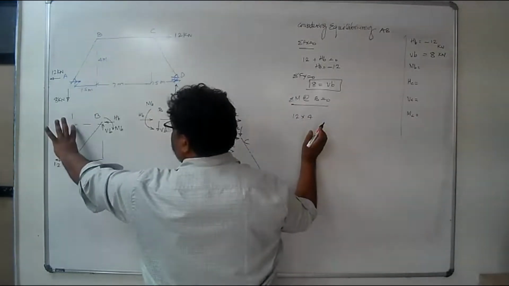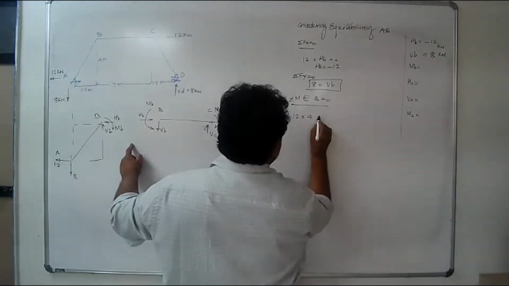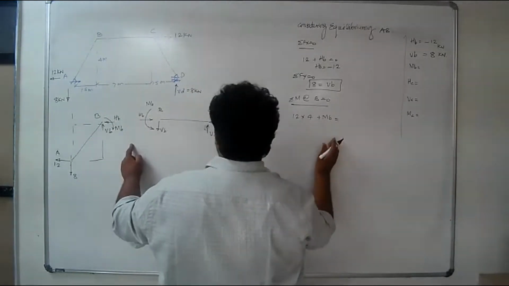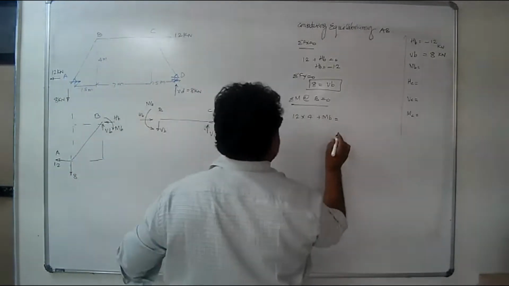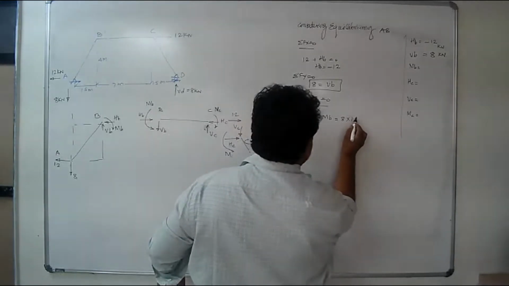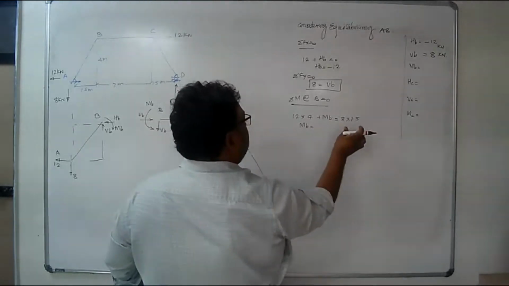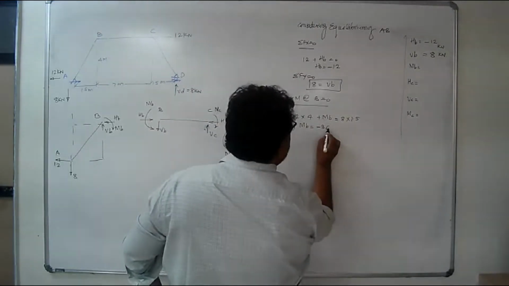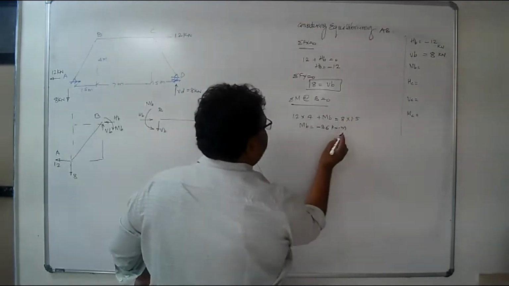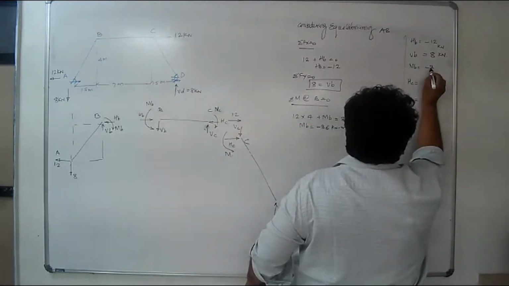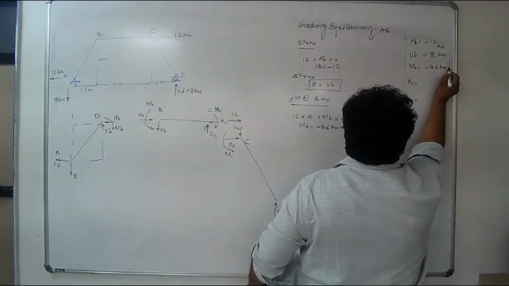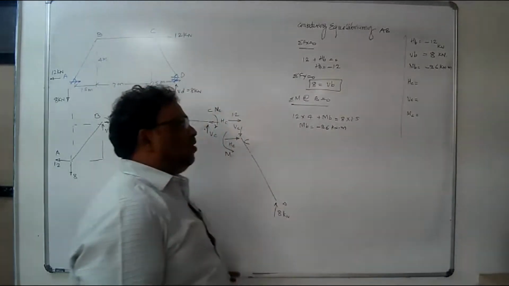This is the 4. Here is the perpendicular distance plus MB because the two are acting clockwise is equal to, because of this 8 it is anti-clockwise, 8 multiplied by 1.5. So I will get the value of MB is equal to 12 × 4 − 8 × 1.5 = 36. So it is minus 36 kilonewton meter. Minus 36 kilonewton meter. मैं अभी चेंज नहीं करूंगा.